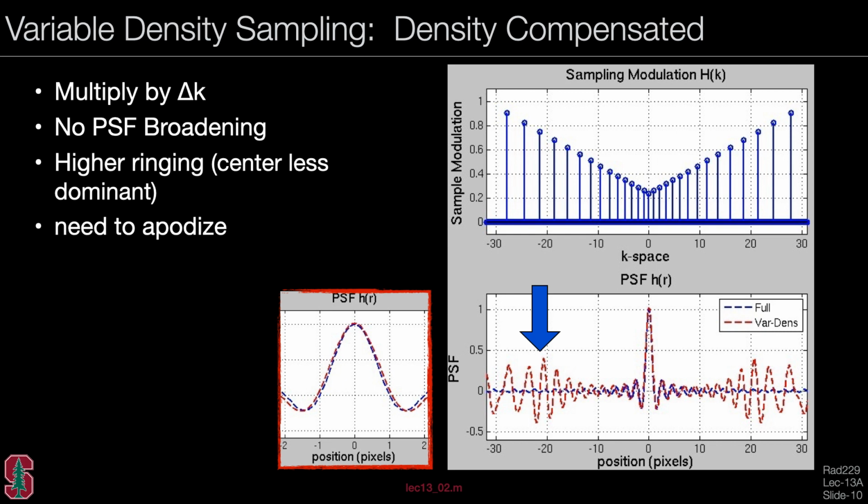So we could apodize this, which is essentially similar to reducing that density compensation. It's interesting to see that the variable density is actually providing a form of apodization. So density compensation, as with apodization, has a trade-off between increasing the ringing and reducing the width of the point spread function.